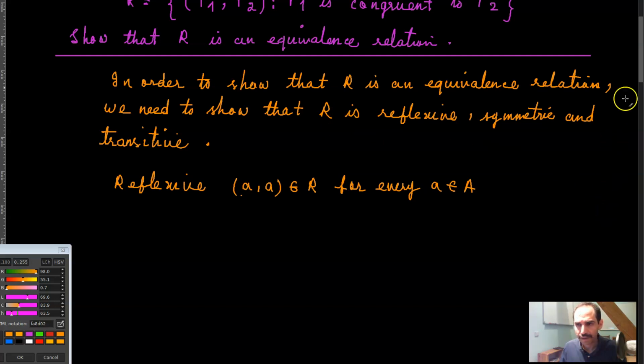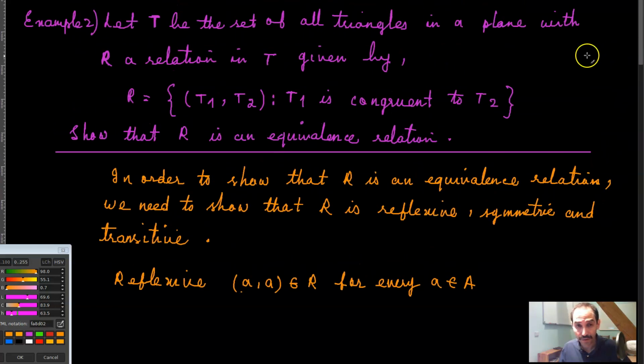So what that means is that in this case where we are dealing with these triangles, for any T of I belonging to the set, we have to show that T of I comma T of I belongs to R, right?